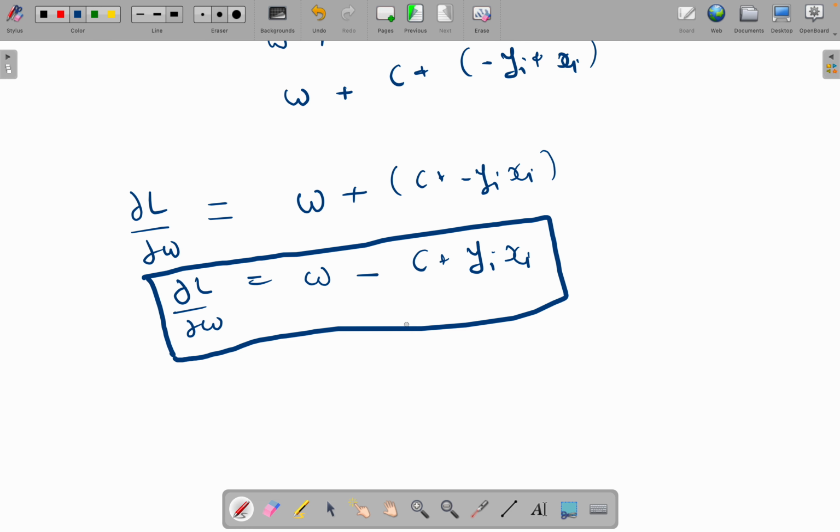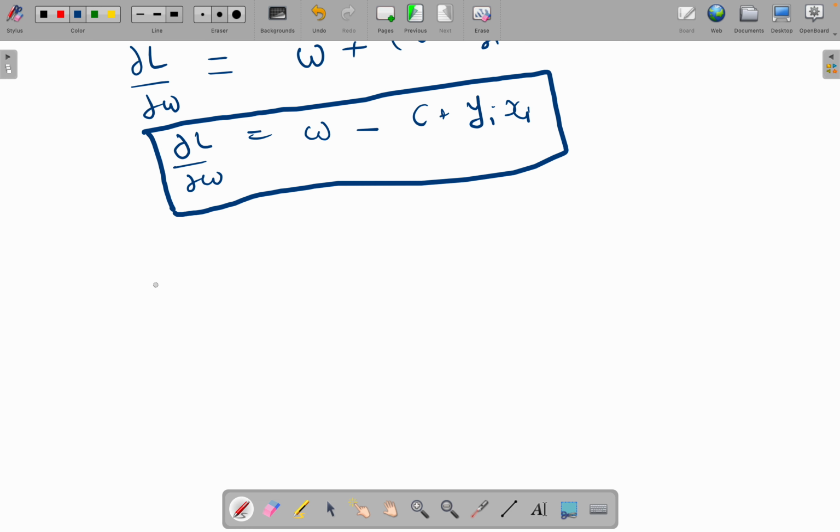So if you see, our original equation was, let me rewrite it again, W star is equal to norm of W divided by 2 plus c times the sum from 1 to n of 1 minus yi into W transpose xi plus b, right? So now we have to differentiate this with respect to b.